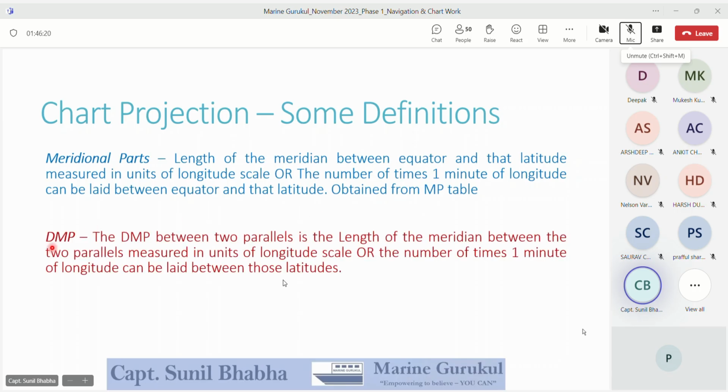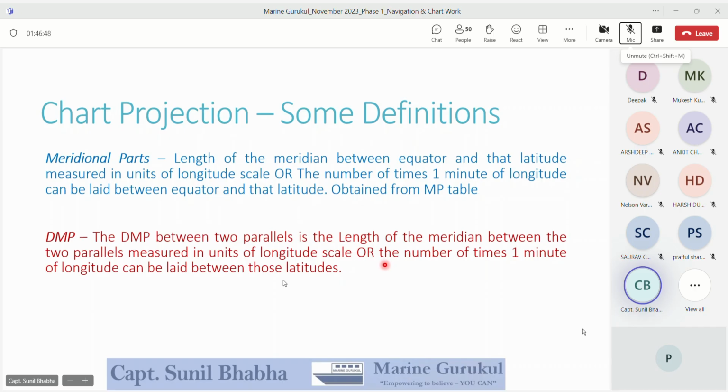Now moving on to the second definition, that is DMP. It is the difference of meridional parts. The DMP, or difference of meridional parts between two parallels, is the length of the meridian between the two parallels measured in units of longitude scale.